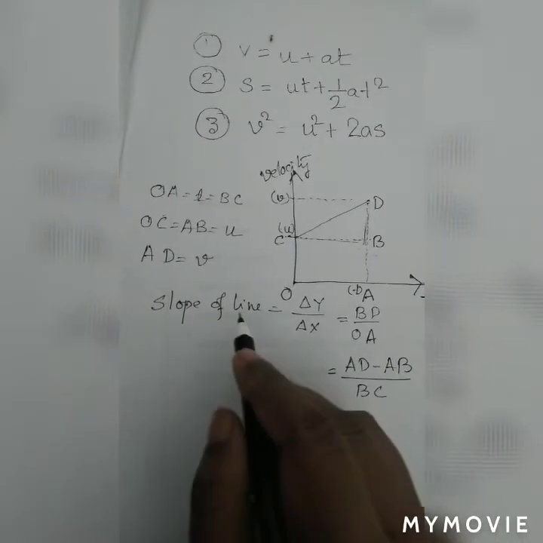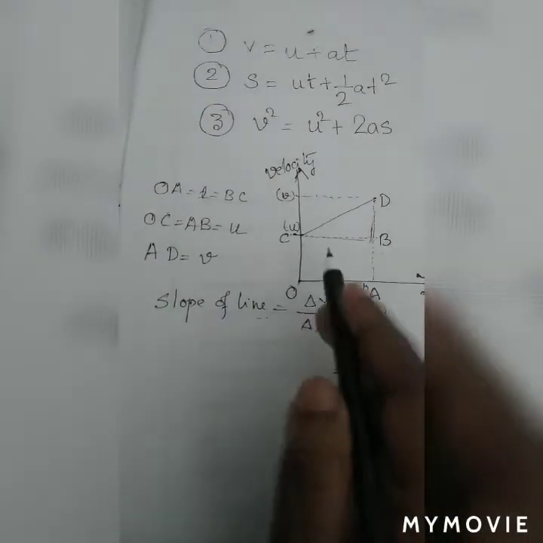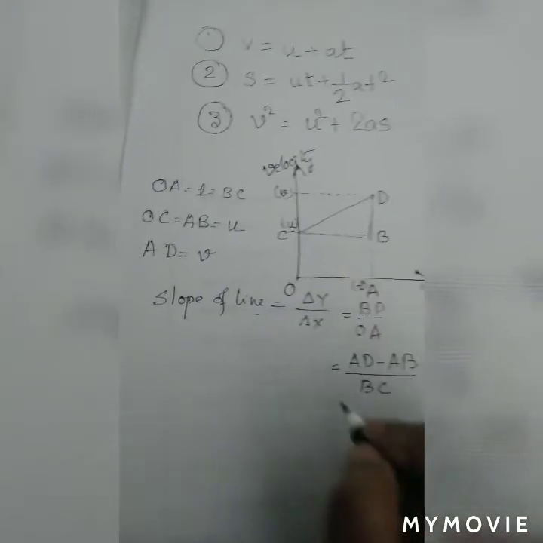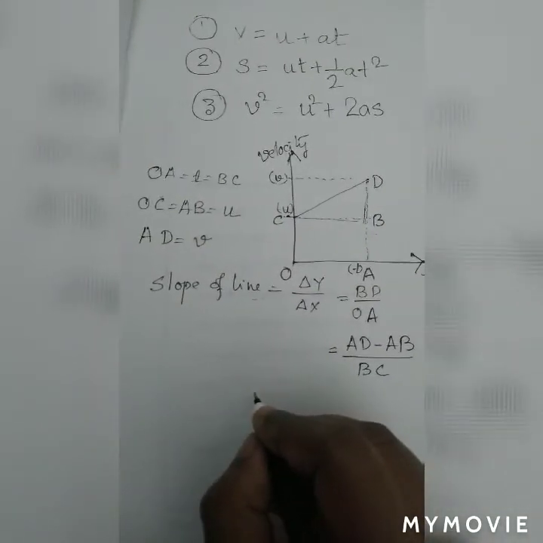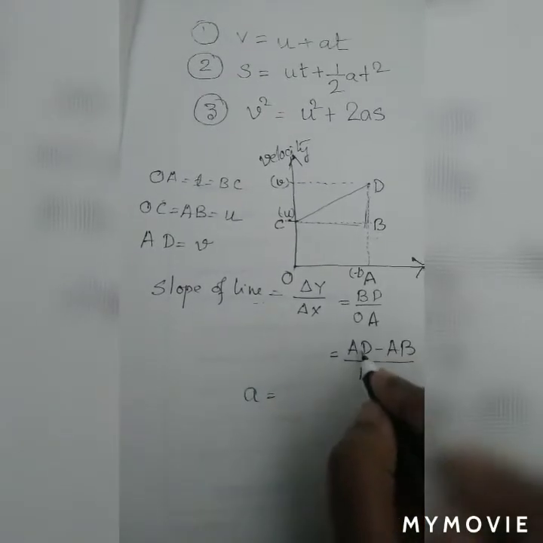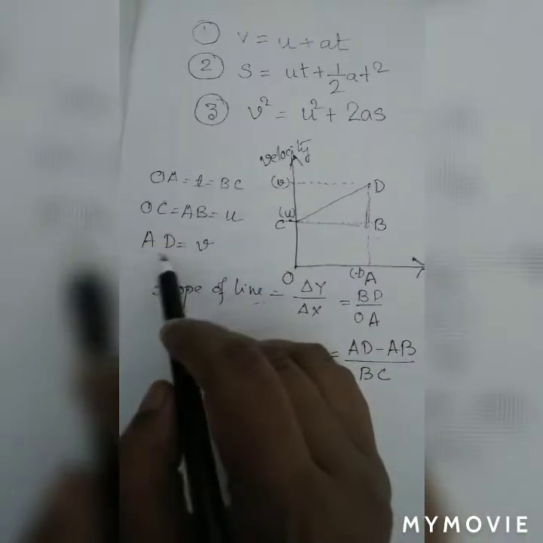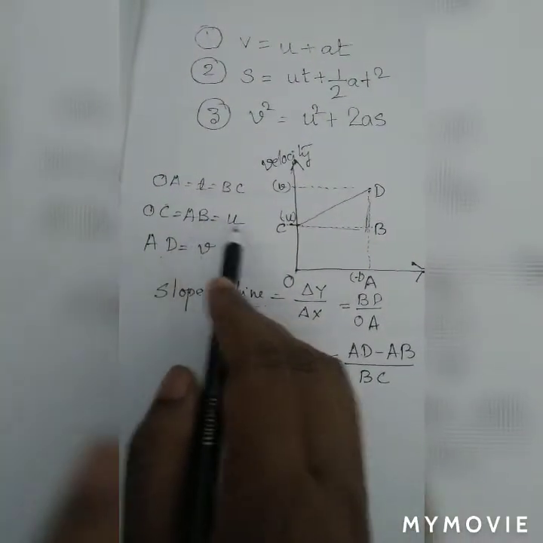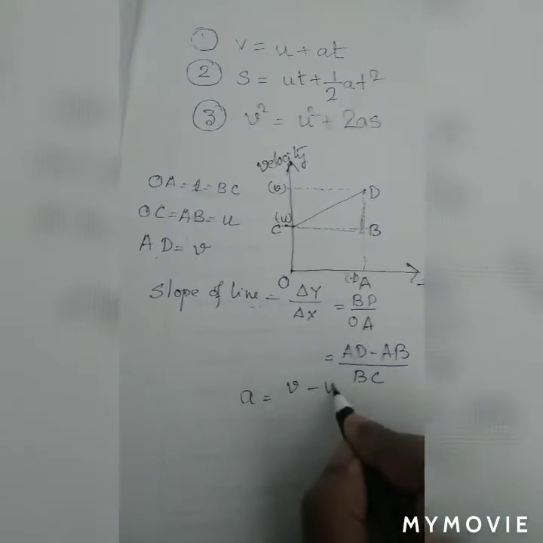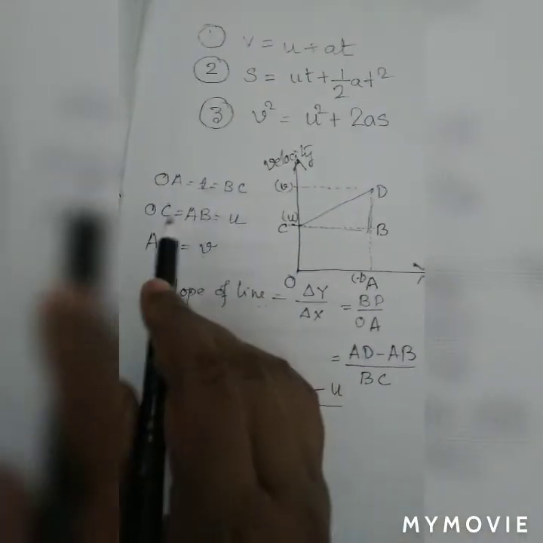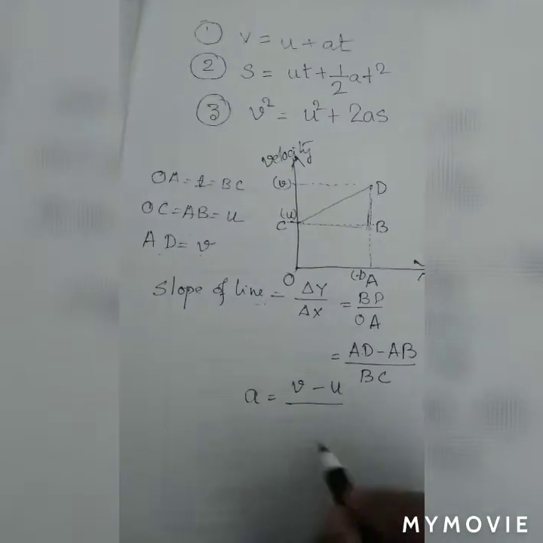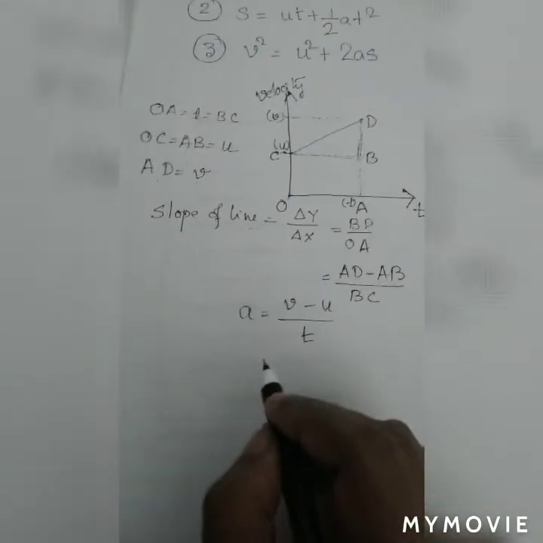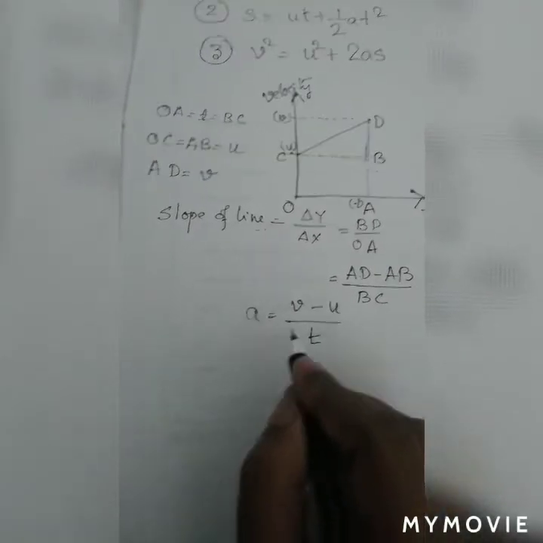Fine. So the slope of the line in a velocity time graph is given by acceleration. So acceleration is equal to AD minus AB by BC. AD is V, AB is U, and BC is T. Now from here what do I get?